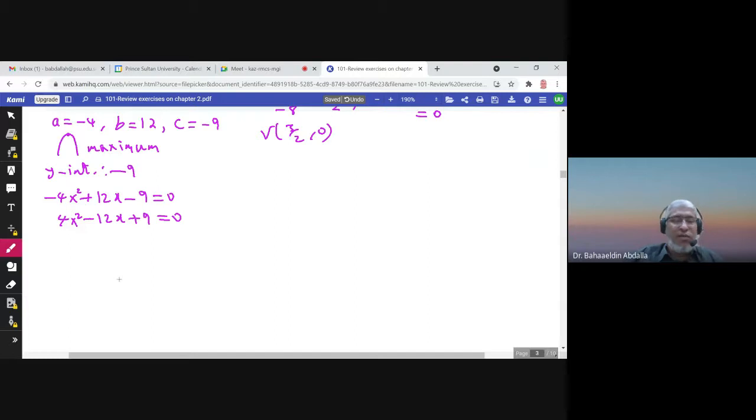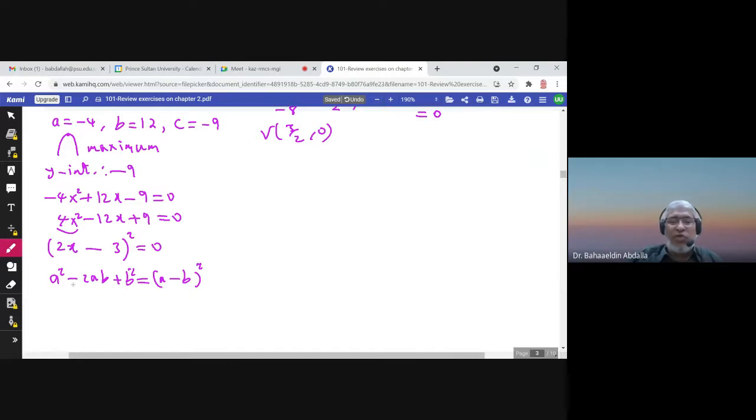Now look here, 4x squared has a square root, which is 2x. 9 has a square root, which is 3. Now 2 times 3 times 2 is negative 12. So actually these three terms can be written as a perfect square like this. Whenever you have a squared minus 2ab plus b squared, you can write it as a minus b to the power 2.